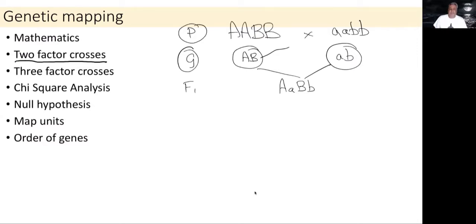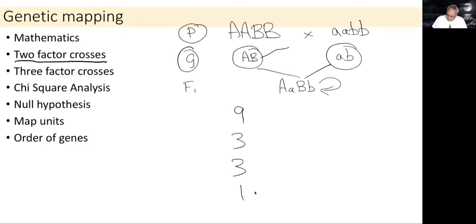Okay. Now let's breed it to itself. Let's self that, cross it to itself, and then we'll end up with a Punnett square. And in the Punnett square, we will end up with how many classes? 4 classes of phenotype. If big A is dominant and big B is dominant, you have it. So 9 to 3 to 3 to 1 from the 16 box Punnett square, right?